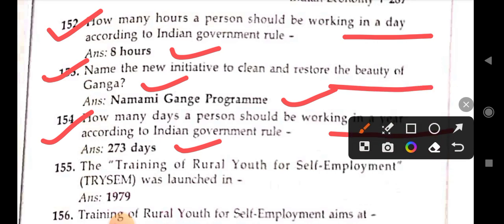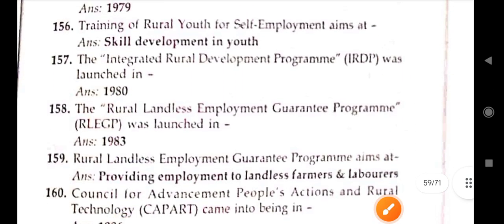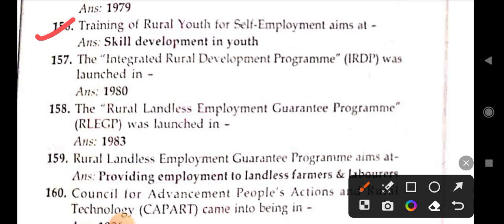Next, the Training of Rural Youth for Self-Employment, TRYSEM, was launched in 1979. TRYSEM aimed at skill development in youth. Next, the Integrated Rural Development Program, IRDP, was launched in 1980.